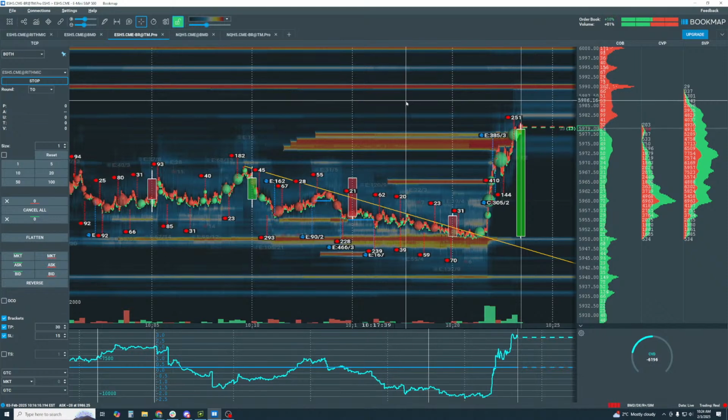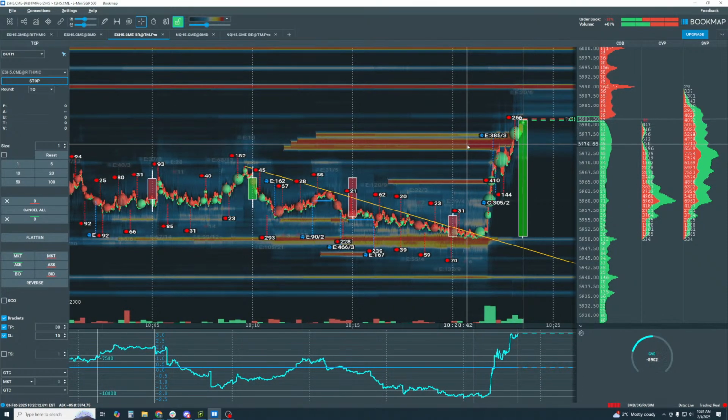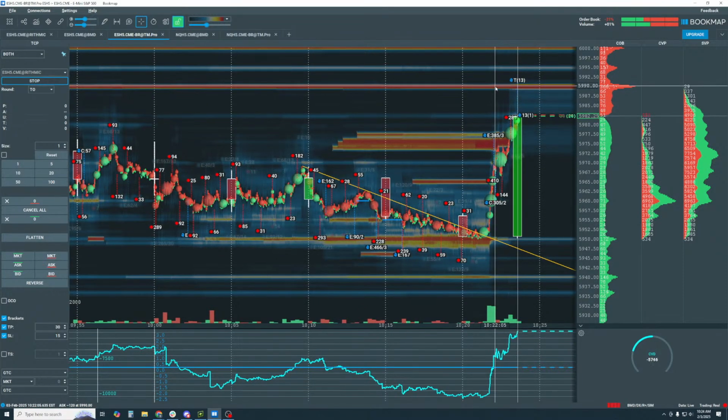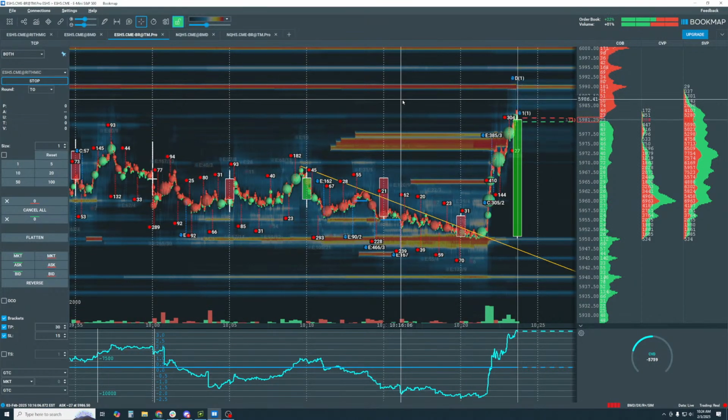Boy, it's still going. Okay, so I think there's probably still some more fuel in this, a move up into maybe 90 here. Maybe 6,000.